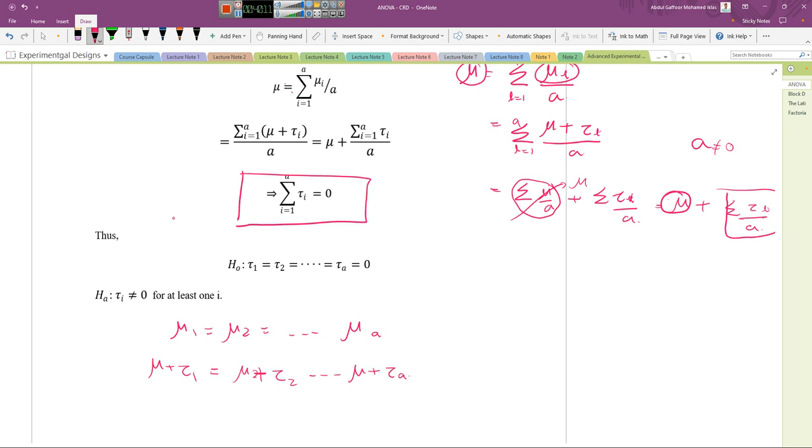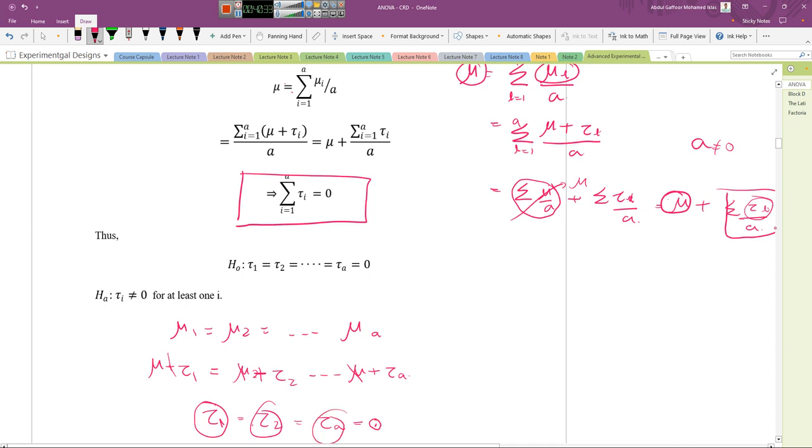So I can eliminate all these mu and we get tau1 is equal to tau2 is equal to tau a, which is equal to 0, because if the treatment total is equal to 0, we will say that all treatment effects are 0.